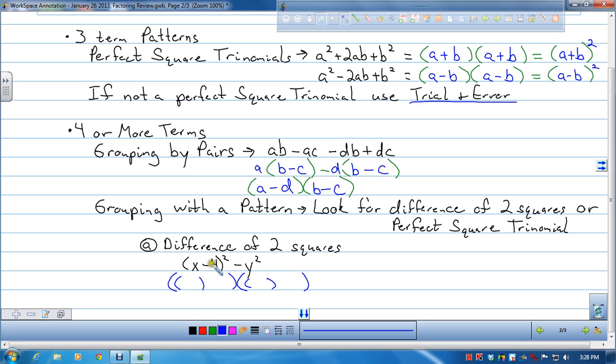You take what you squared in the first one, x minus 4, and you add what you squared in the second one, which would be a y. Then you take what you squared in the first one, x minus 4, and you subtract what you squared in the second one. And that is how you would factor if you recognize the difference of two squares pattern in that one.